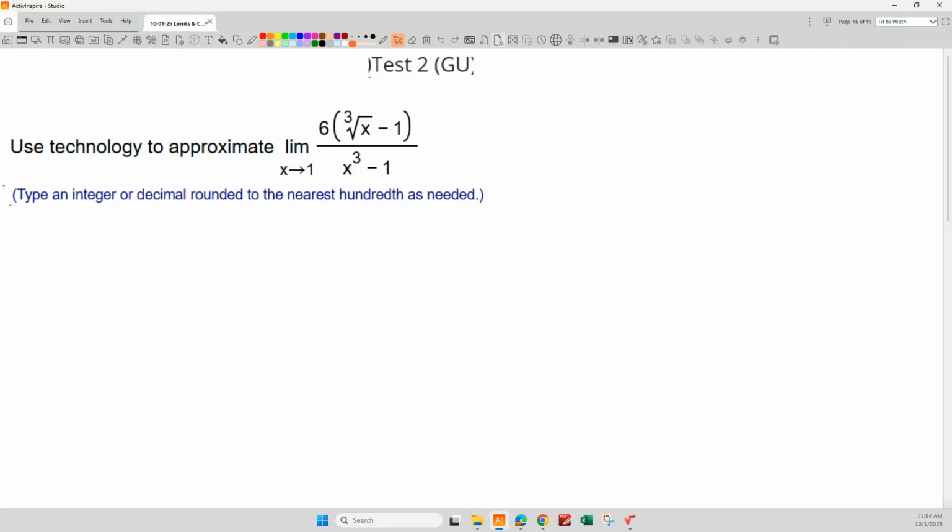Does that make sense? They're going to agree out to 2 decimal places, and so you just round your answer to 2 decimal places. Okay, you just have to put in a point that's close enough to 1 so that the limits from the left and the right agree to 2 decimal places, and then just round that.